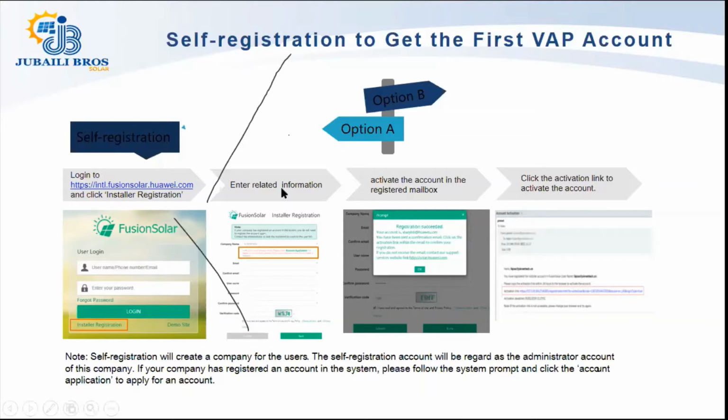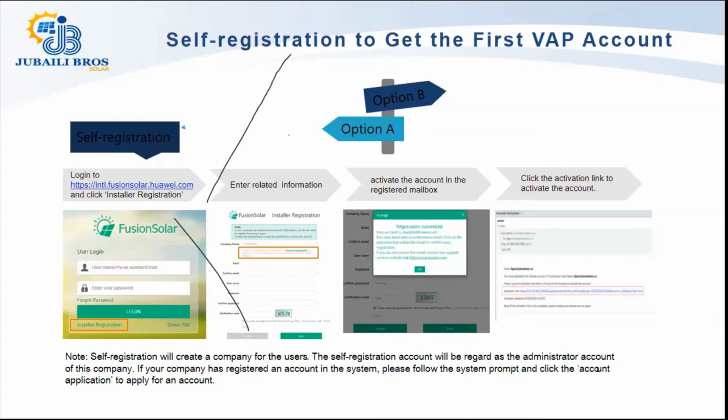Accordingly, you can create further installer accounts under your company. You do not need to create a company time and again for each installer. The first person that creates a company account on the FusionSolar becomes the administrator for that company. So he can make more and more accounts, or maybe owner and guest roles, under that company.